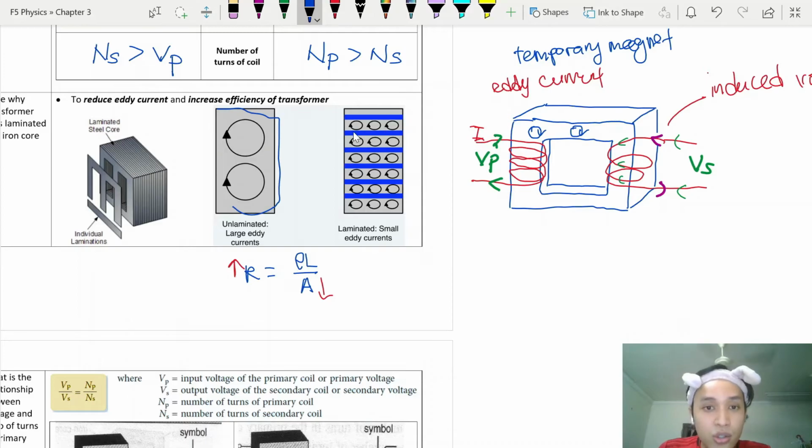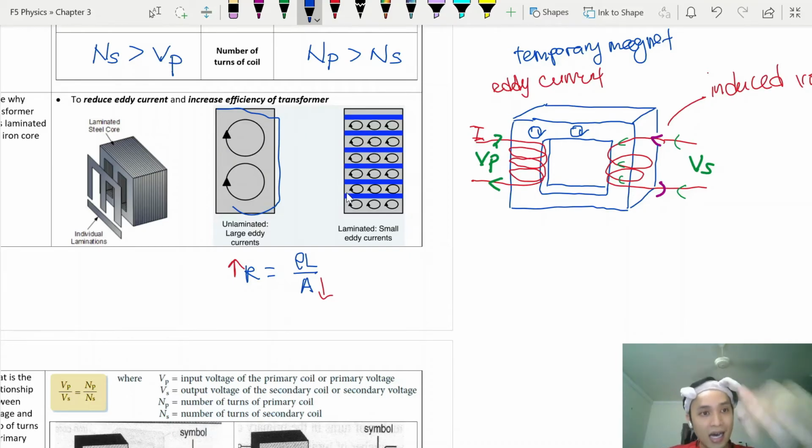But when we do it into laminated, thin strips of metal stick together, what happens is that you are reducing the surface area. So when you reduce the surface area, the resistance here will be higher. So current, they are very simple. If high resistance, meaning they don't want to go inside there anymore, they won't flow there anymore because of high resistance.